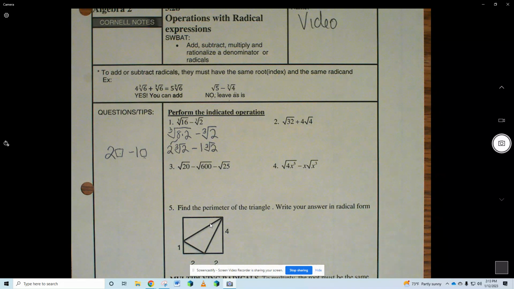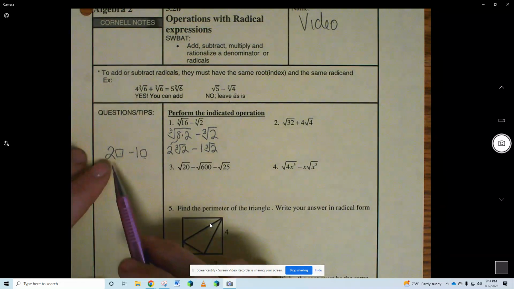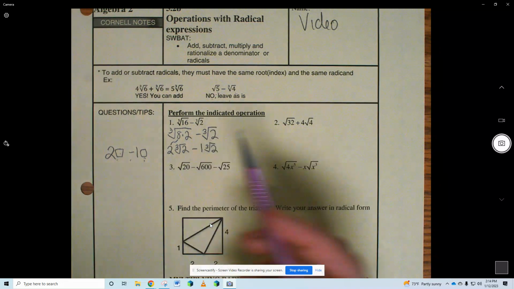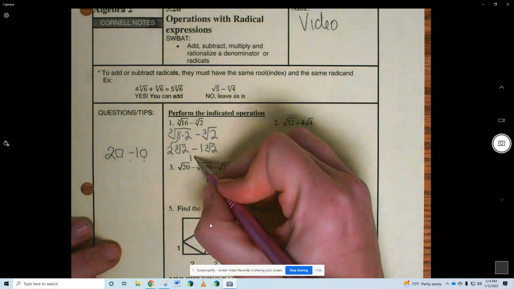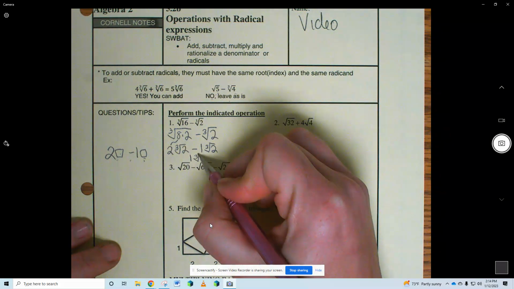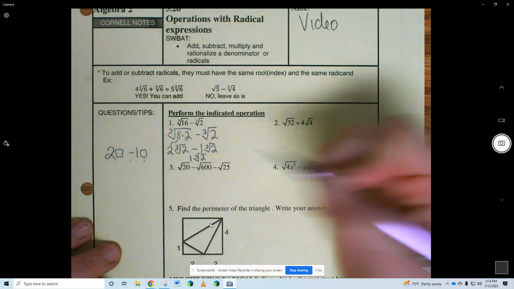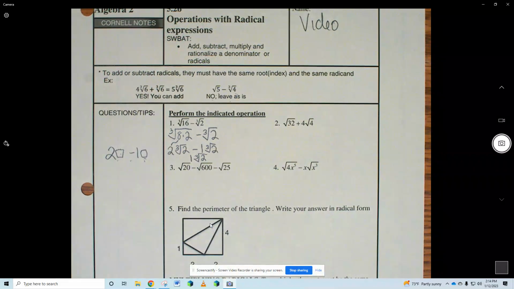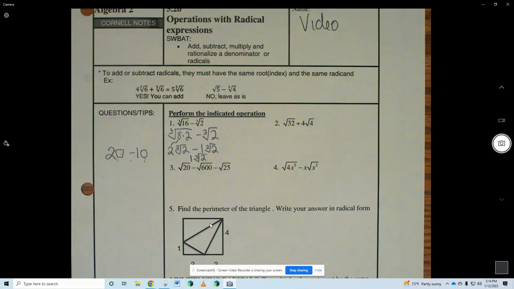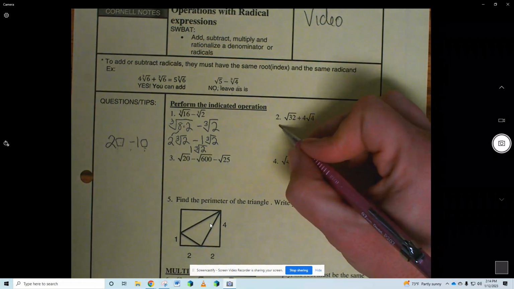So I don't want your brain to think that this is any more difficult than like a 2 box minus 1 box. The answer is 1. And then what's the box? Oh, the box is the cube root of 2. So if the variables are the same, if the roots are the same, all that, then I just add or subtract as normal.